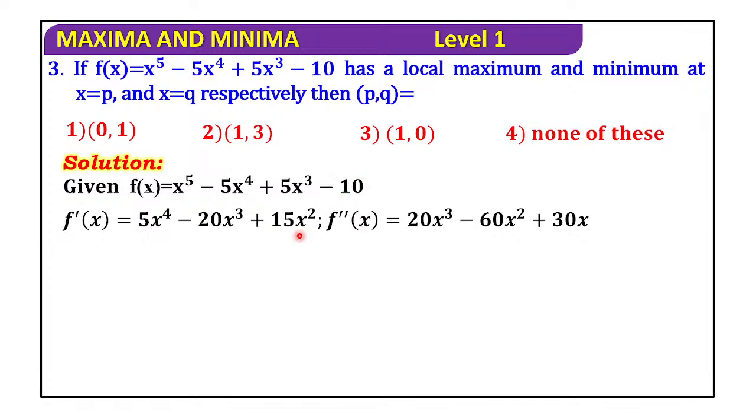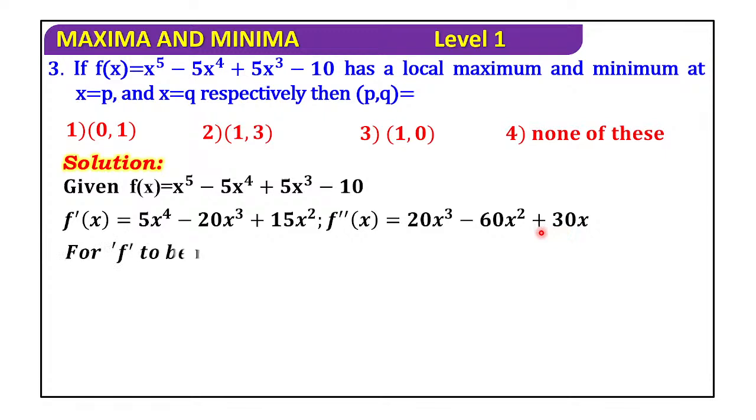You differentiate the given function again, so that will be f double dash of x, that is 20x cube, because if you differentiate 5x raised to 4, it will be 20x cube. If you differentiate minus 20x cube, it will be 60x square, and if you differentiate 15x square, it will be 30x.